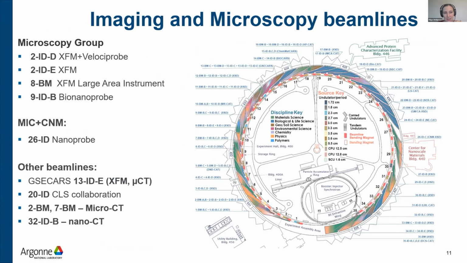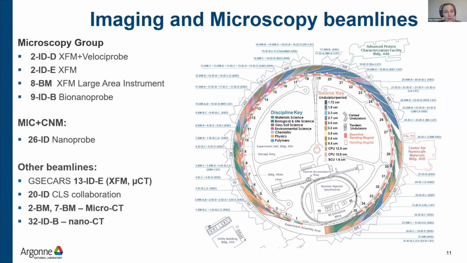Let me cover the beamlines that have been involved in this work over 28 years of APS operations. So we have microscopy group beamlines, which offer X-ray fluorescence microscopy tools in combination with other techniques like ptychography and spectroscopy for some of them.